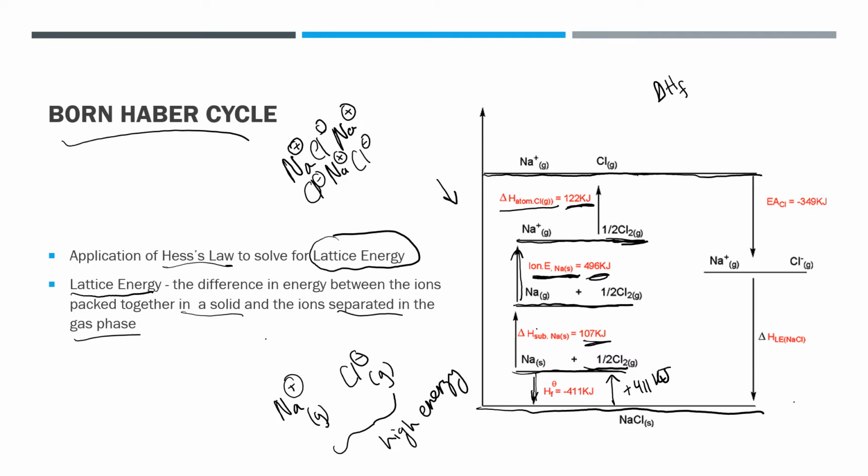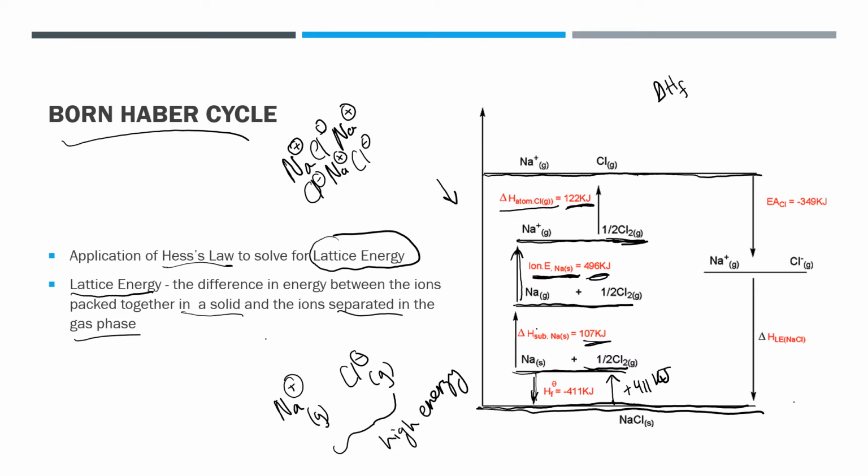So next, we want to make sodium an ion in the gas phase and chlorine an ion in the gas phase, right? Because when we're thinking about lattice energy, we want to compare relative to this NaCl what the energy of the sodium and chlorine in the gas phase is, because that's the ion separated in the gas phase. So how can we go from Cl in the gas phase to Cl minus in the gas phase? We need to look at the electron affinity.